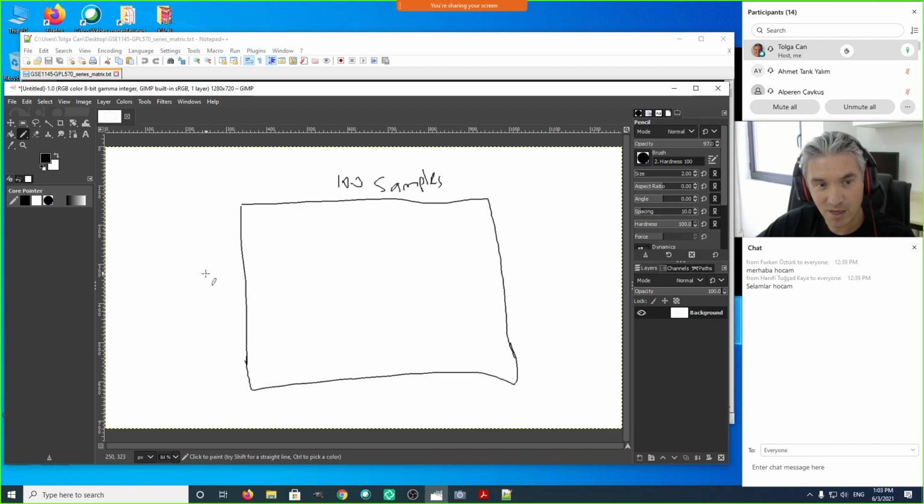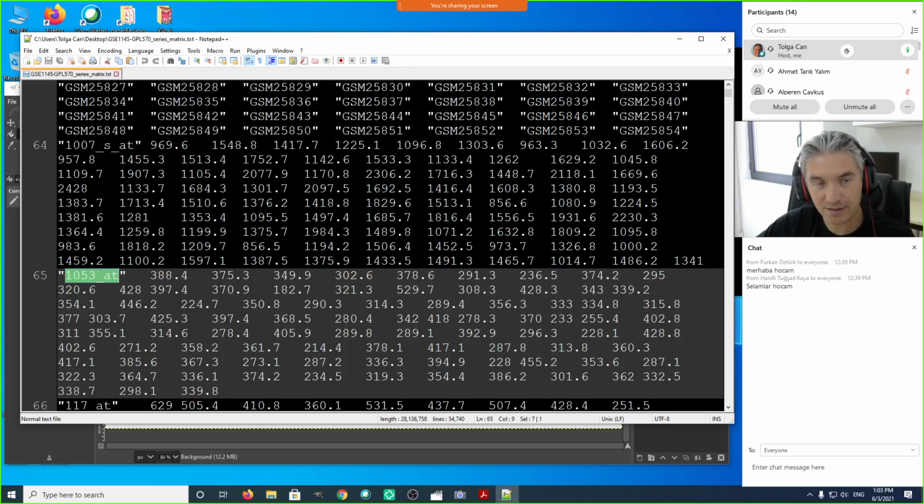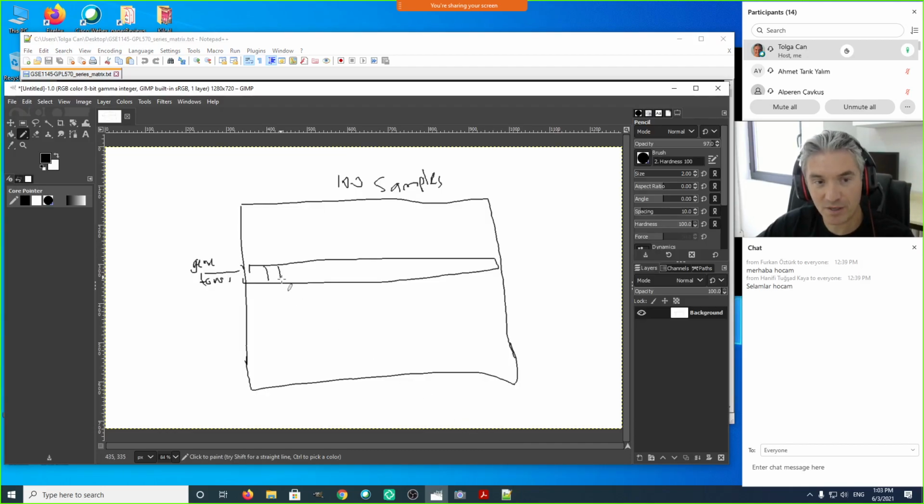In each of them, a particular gene's transcript, let's call it transcript. A row corresponds to a particular transcript in this series matrix that we see here. And what we have here are numerical values that tell us how much it was transcribed in a particular sample.